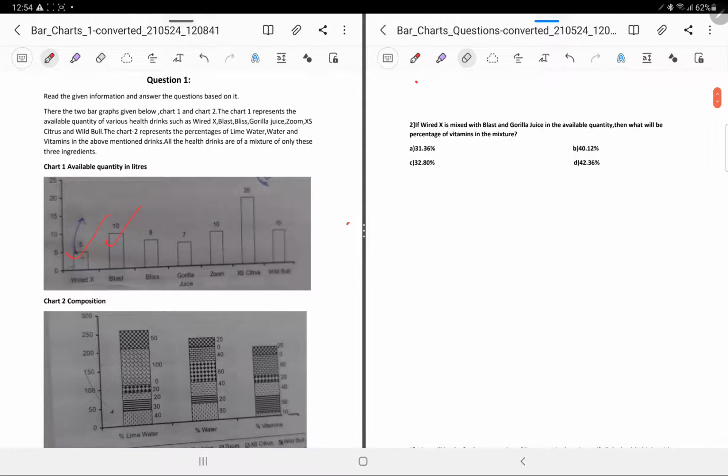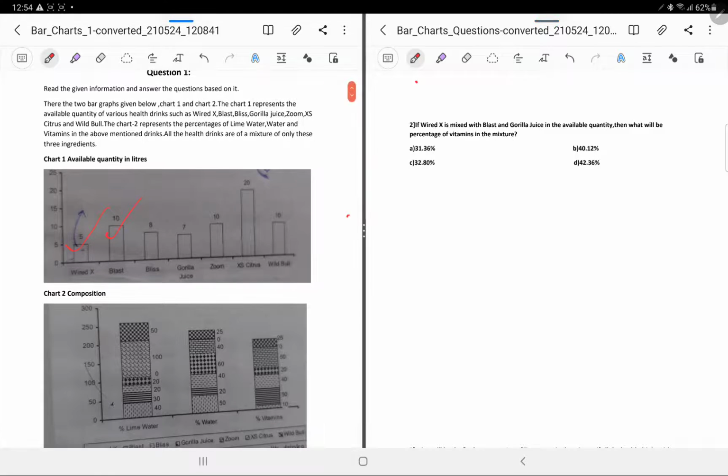Now let's come to the next question. Let's try to wrap it up quickly now. If Wired X is mixed with Blast and Gorilla Juice in the available quantity, what will be the percentage of vitamins in the mixture? That is 10 plus 7, 17, 22 in total.